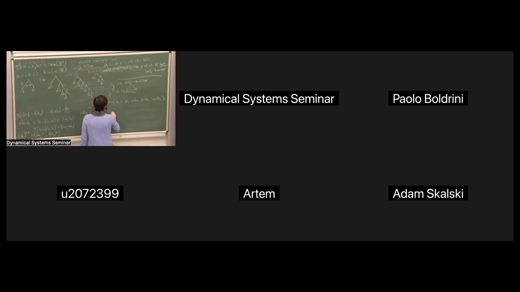And I claim that this maps onto G. How does it map onto G? Well, what's the section of B at 1? The section of B at 1 is C. The section of C at 1 is D. The section of D at 1 is B. So now I've got my generators. And the section of ABA at 1, well, what's ABA?